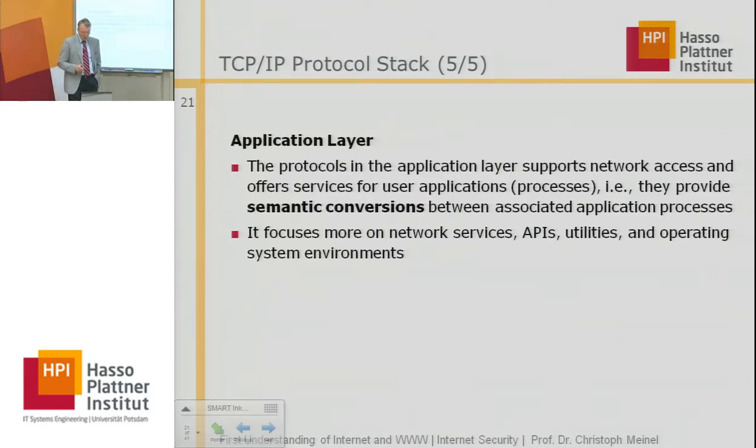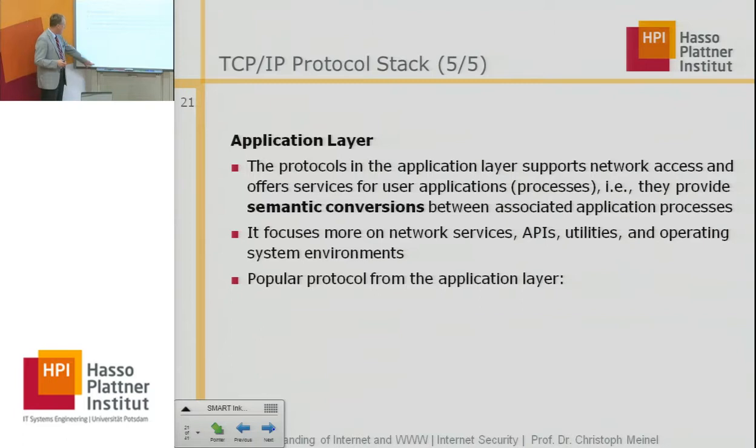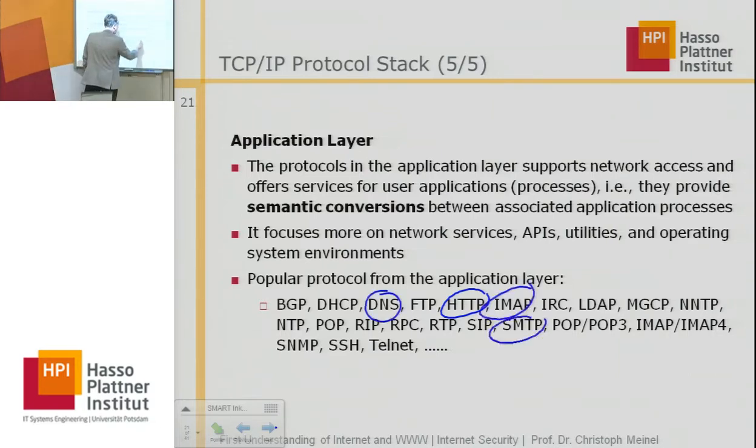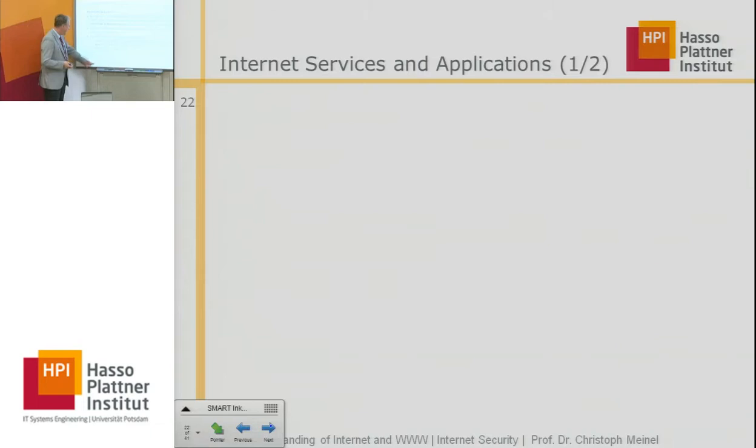The application layer focuses more on network services, on APIs, on utilities, and operating system environments, and popular protocols from the application layer are a large variety. I want to mention HTTP, IMAP, DNS, SMTP, I couldn't mention all, IMAP4, SNMP, Telnet, POP. So for accessing the internet, for being able to send emails, for receiving websites, and more.